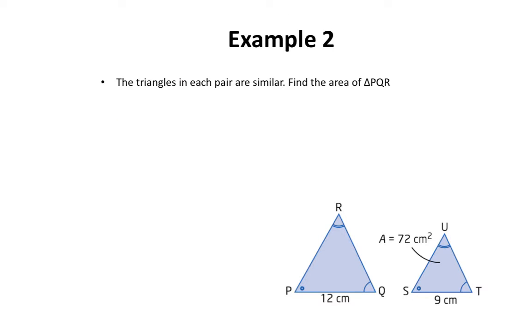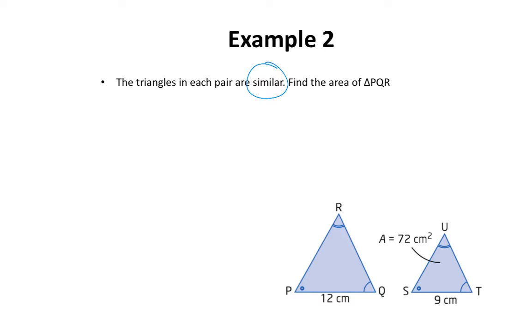In our second example, we are told that the triangles in each pair are similar. We want to find the area of triangle PQR. How do we know that these two triangles are similar? Well, if you take a look at the corresponding angles, they are equal. And since these triangles are similar, that also means that the ratio of corresponding sides are equal.